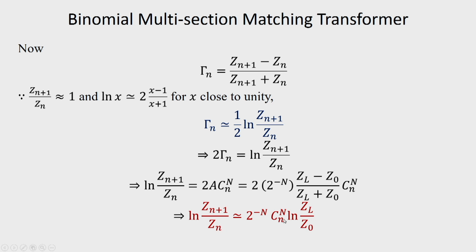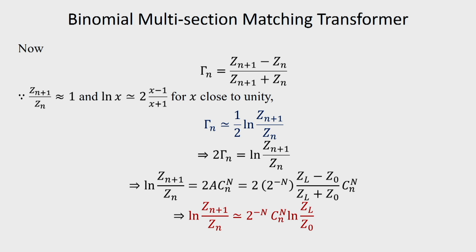So, we start with Z_0. Please note that the right hand side is known. So, we can calculate Z_1. Then once Z_1 is known, we can calculate Z_2, and in that way we can keep calculating till Z_N.